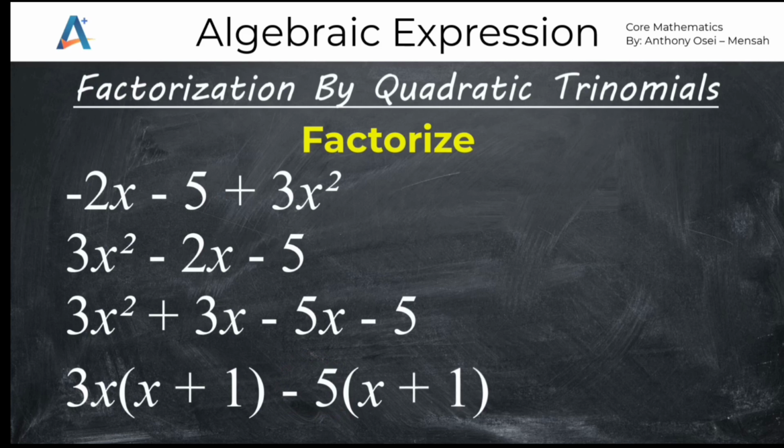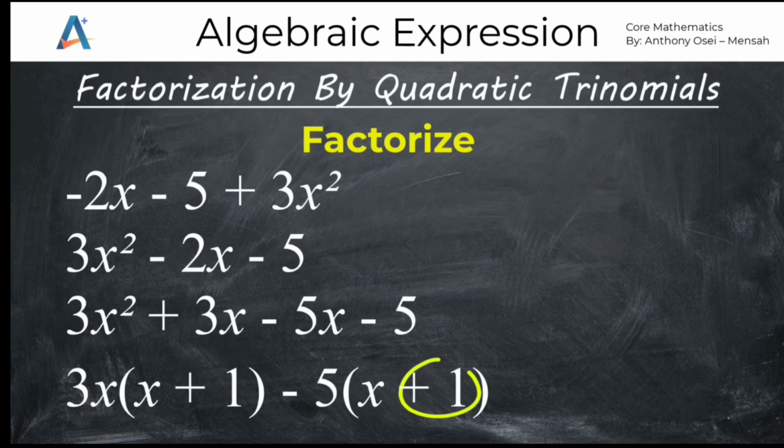Let's demonstrate that well. Minus 5x divided by the factor minus 5. The negative will cross the negative, 5 cancel 5, remaining with x. So the x is what is here. Then we have minus 5 divided by the factor, which is also minus 5. It cancels itself and gives positive 1.